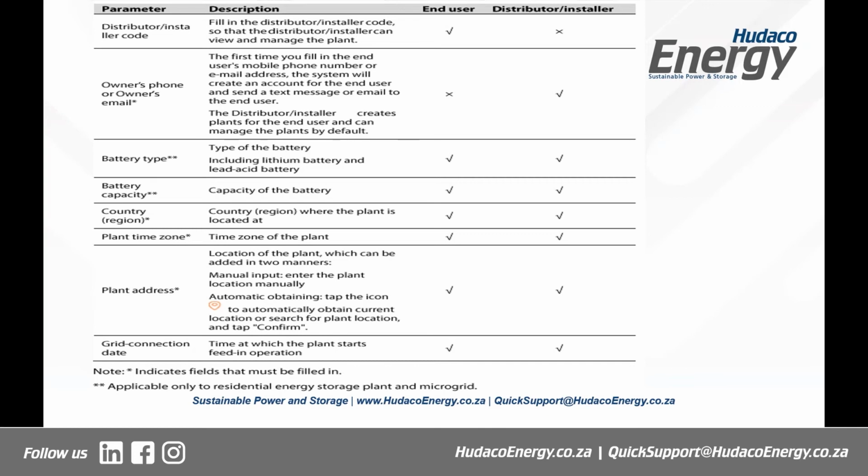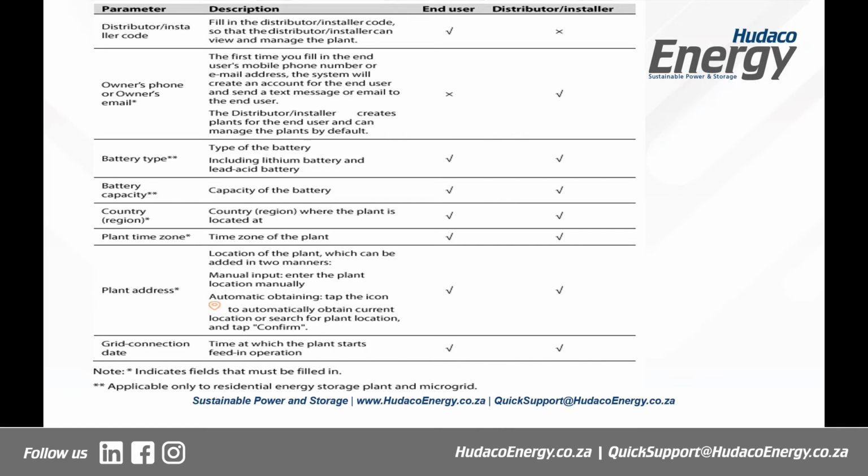So the end user is the one who's going to receive text messages or emails from the system of iSolarCloud. The distributor creates the plant for the end user and can manage the plant. But it's the task of the distributor to get the user's phone number and email.